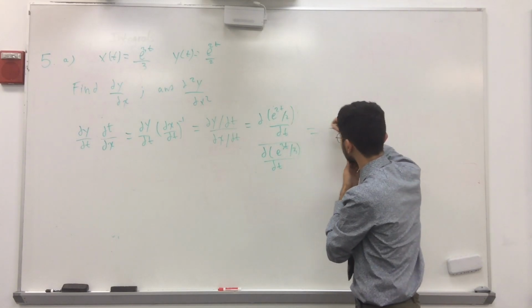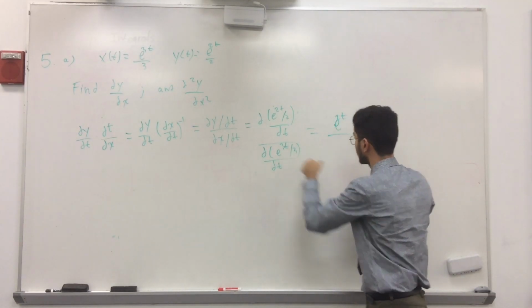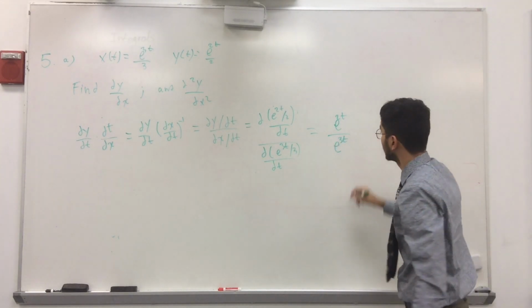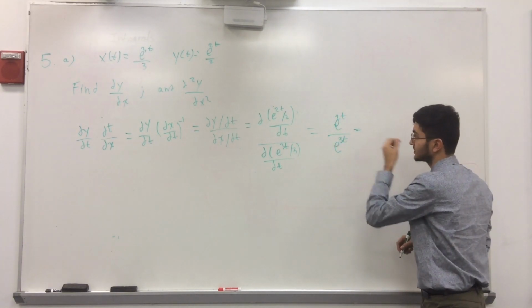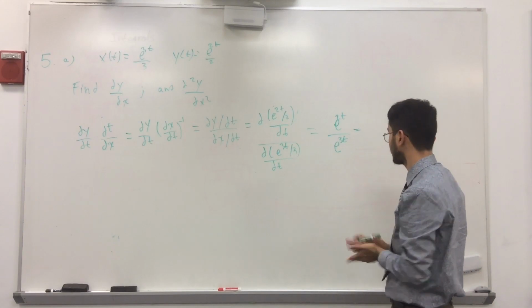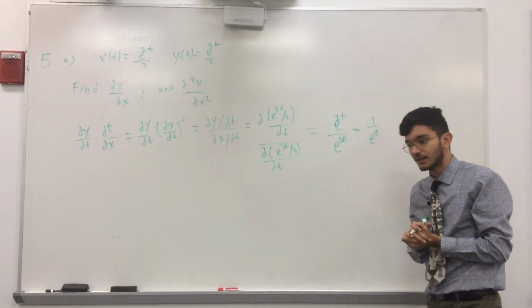The 2 cancels out, so we're going to have e to the 2t divided by the derivative of this, which is going to be e to the 3t. Interesting. So this is e to the 2t over e to the 3t, which is 2t minus 3t, which is negative t, so that's going to be 1 over e to the t.